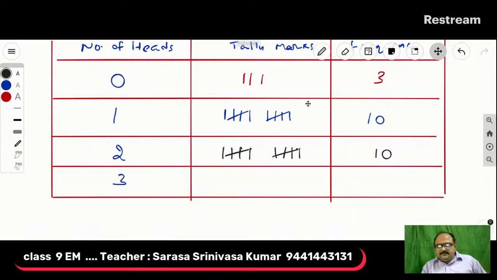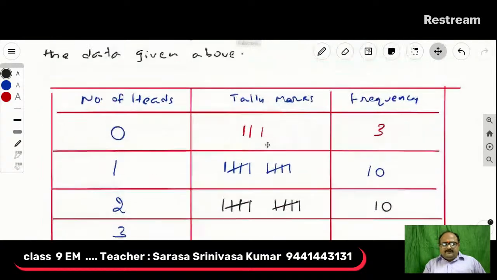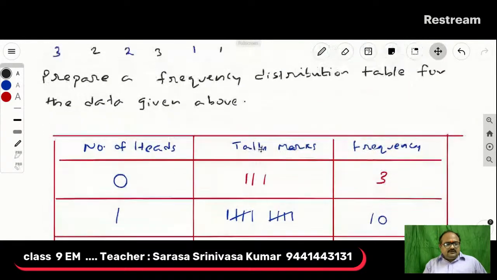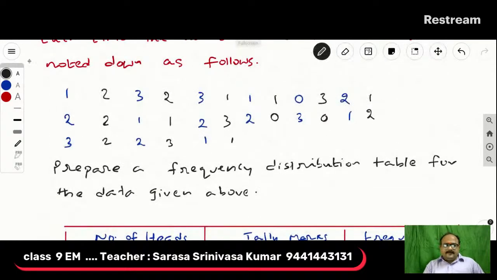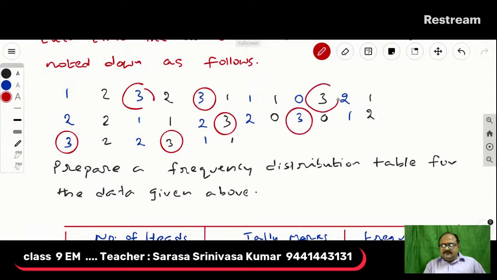Now we note down the frequency for 3. 1, 2, 3, 4, 5, 6, 7. Let us cross check it again. 1, 2, 3, 4, 5, 6, 7.